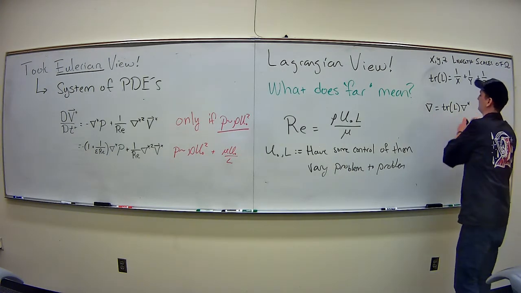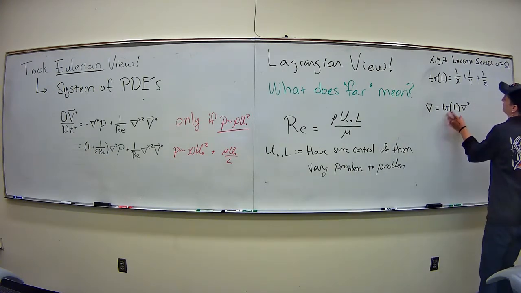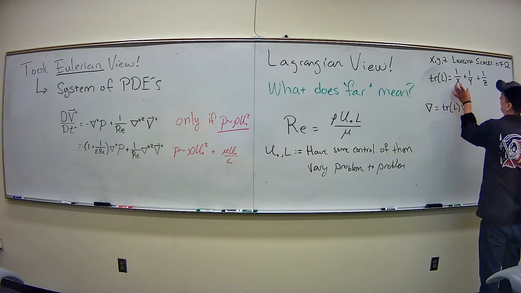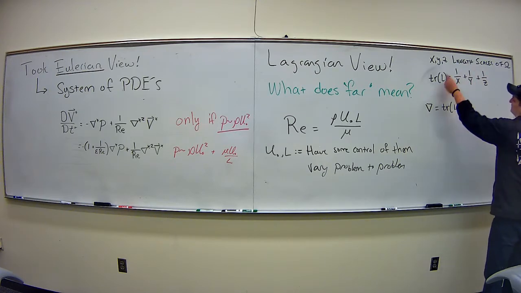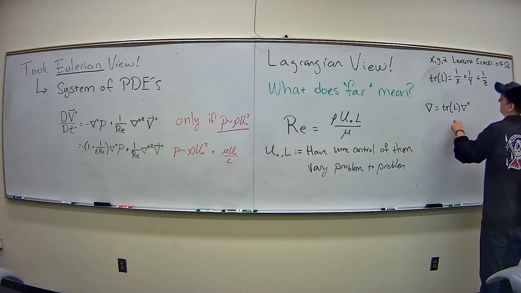What I'm getting at is this trace right here, if you move it right, is a length scale. It's this 1 over L relationship, which makes this non-dimensional.